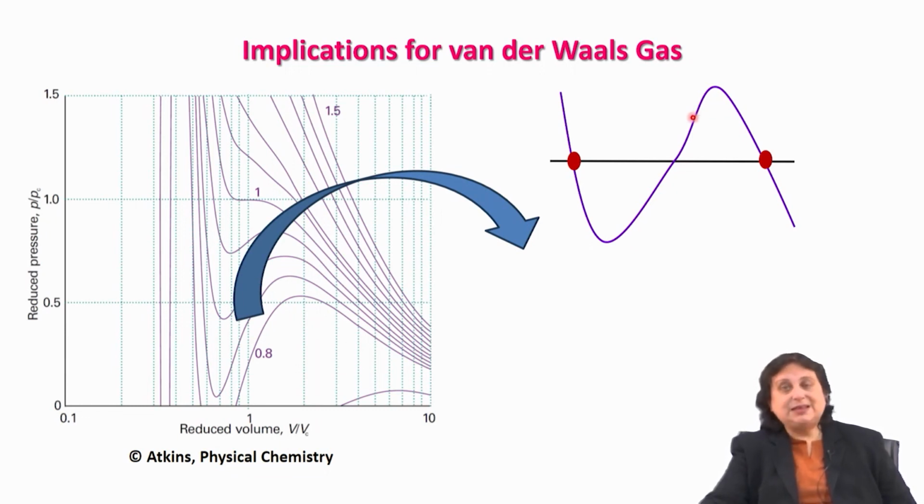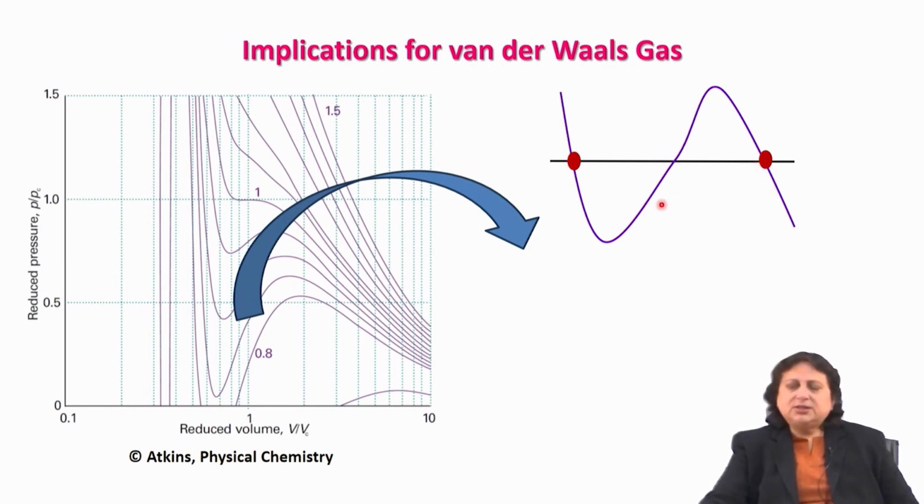That immediately says that the system will not be a single gas phase system between these 2 points; rather it will get converted to a 2 phase system, the liquid and the gas.